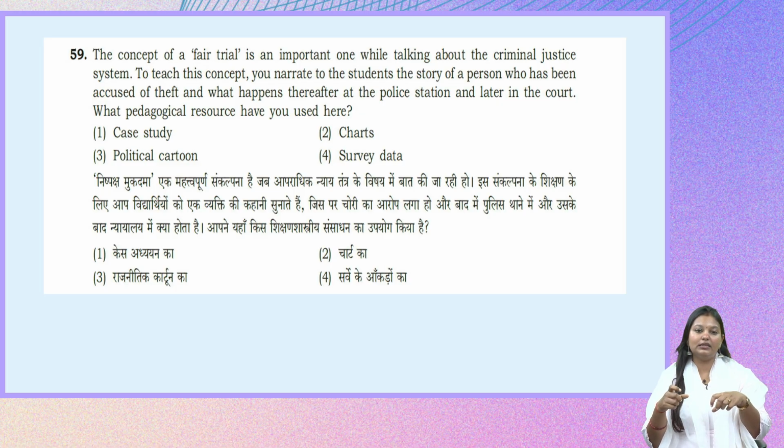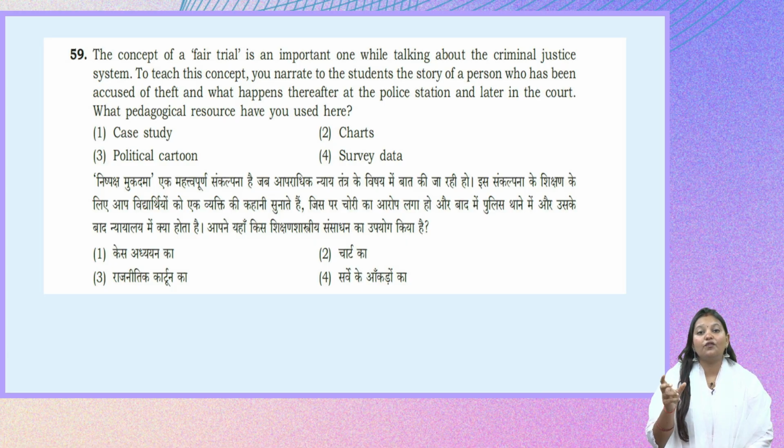While explaining this, the teacher is narrating a specific story of an individual and what happens in this whole process of criminal justice. So, which of the pedagogical resources is the teacher using here or which principle they are applying, what kind of activity this is, वो हमें बताना है यहाँ पर.